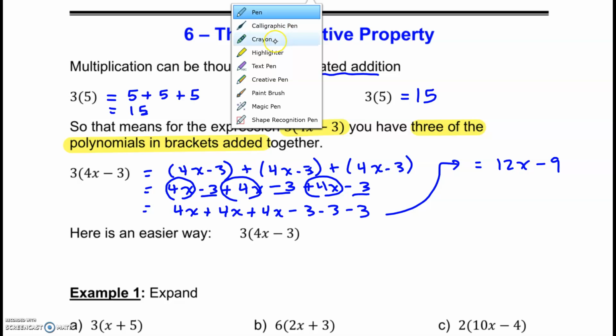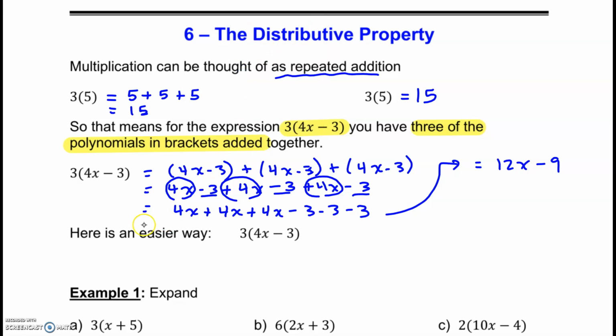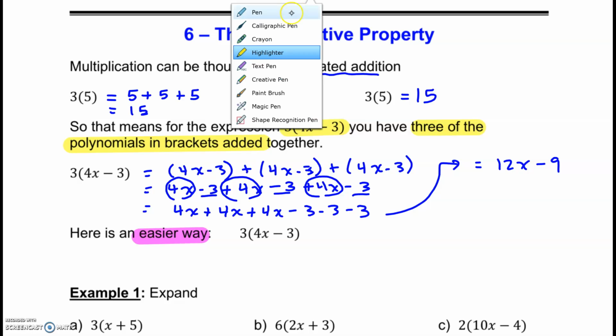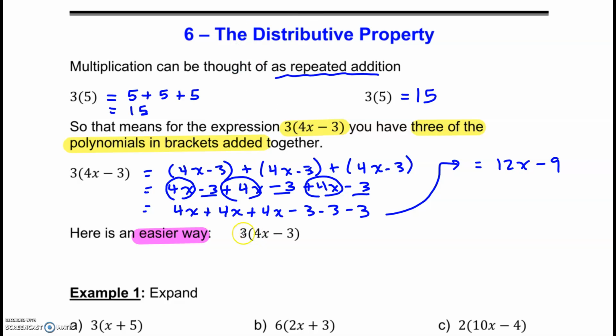Let's see if we can figure out an easier way to go from the question to the answer. I'm going to write 3 times 4x minus 3 equals, we know what it equals now because we did all that work, 12x minus 9. Do you see an easier way to go from here to here? Let's take a closer look.